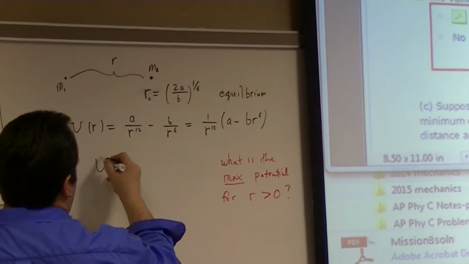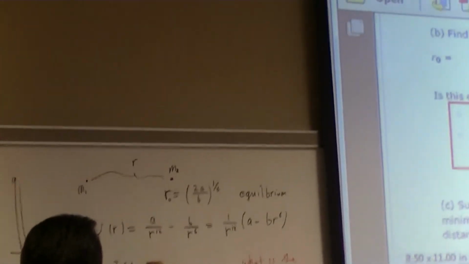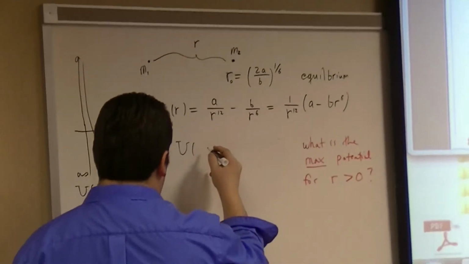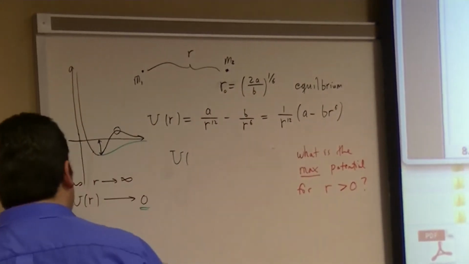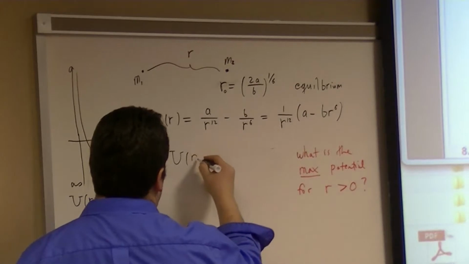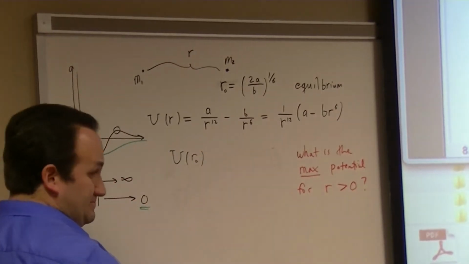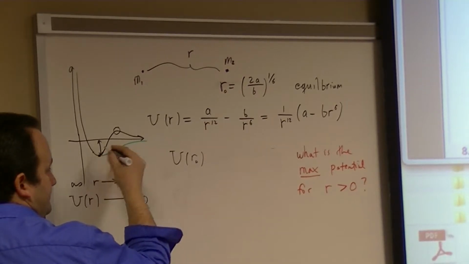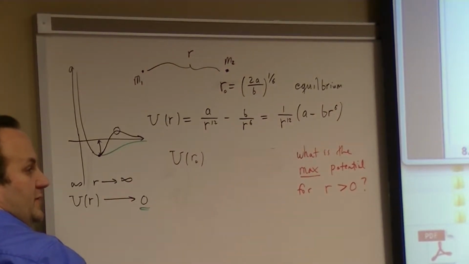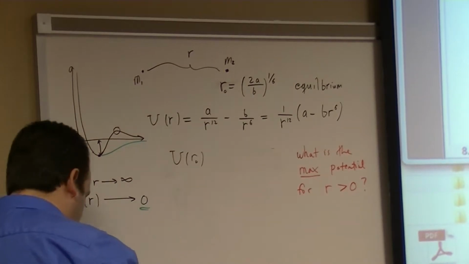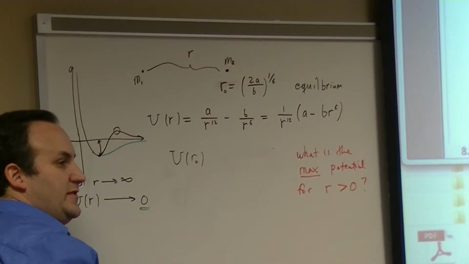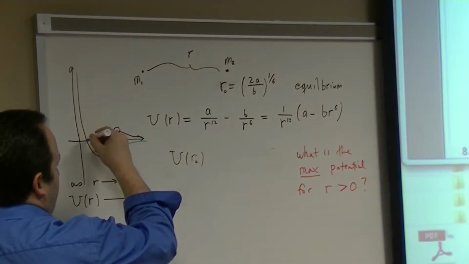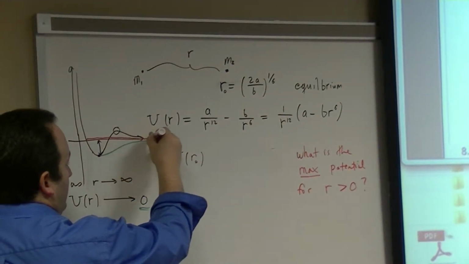You have U. U of R naught is your potential energy, right? If you're at rest at the equilibrium, you just sit there, right? But you want to have enough energy to have your energy level be what? Your energy level you're interested in is the minimum dissociation energy. The argument I just gave you says the minimum dissociation energy is total energy 0, right?